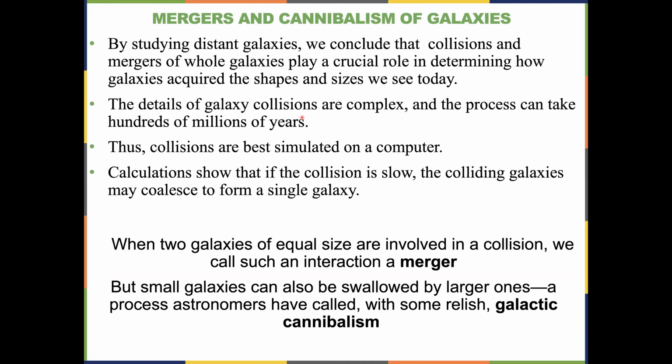Now, what has happened over time is that these smaller galaxies interacted together to make the large galaxies, such as the spiral and elliptical galaxies that we see in the present universe, right?